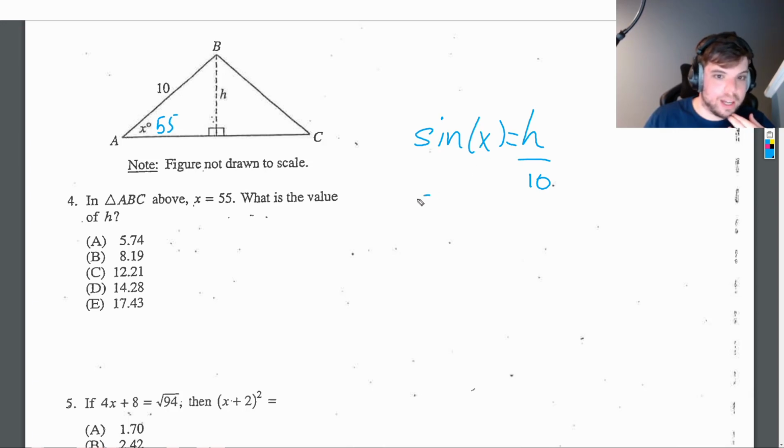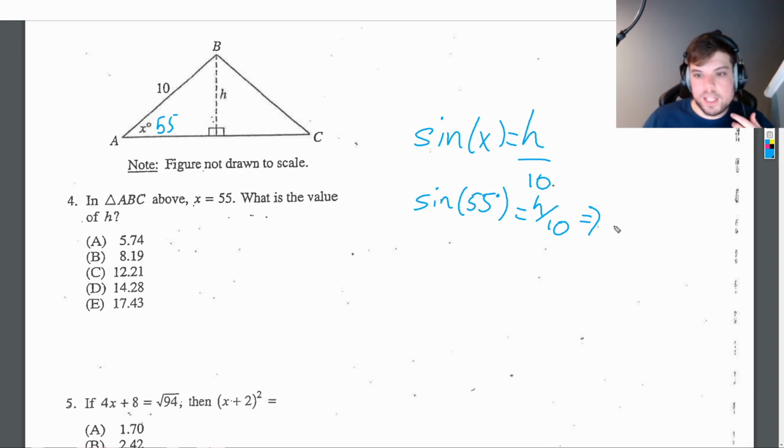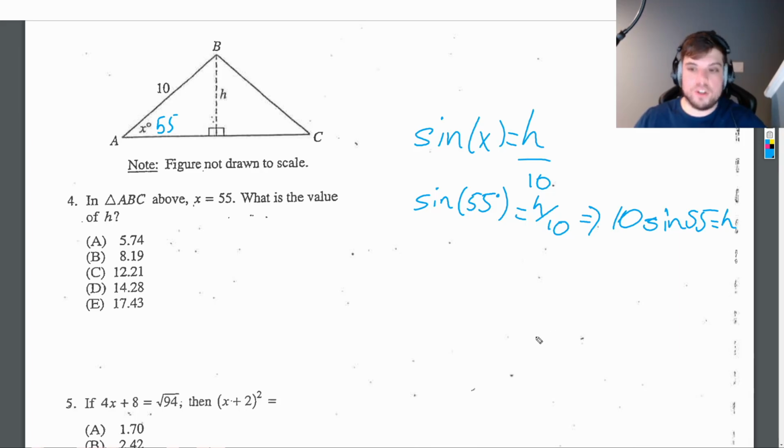We know x. So the sine of 55 degrees equals h over 10, which implies that 10 sine 55 is going to equal h, which is going to be our answer. And from this point, you grab a calculator, because you probably don't know the sine of 55 degrees off the top of your head.